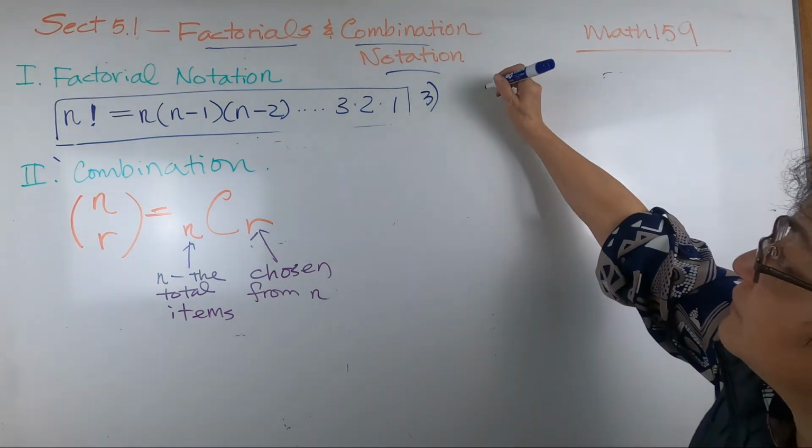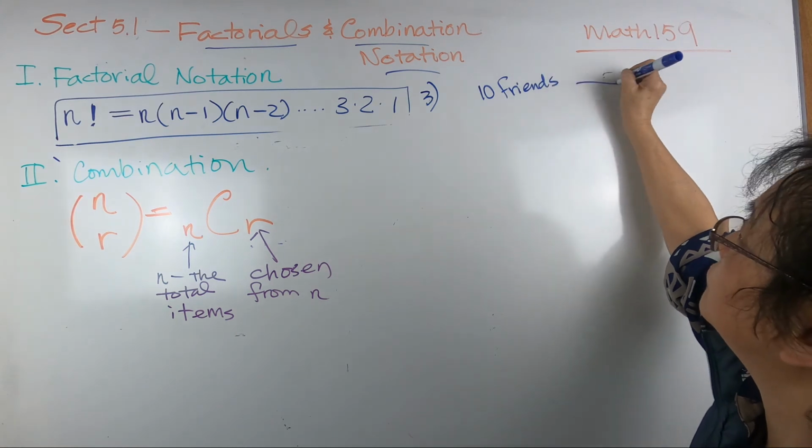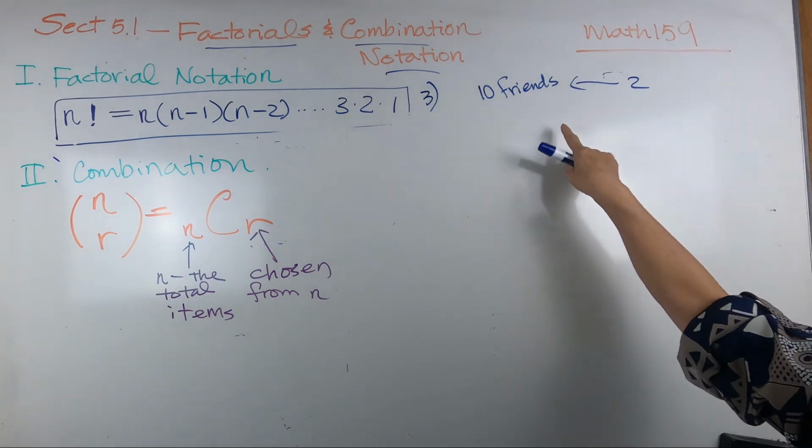Say you have 10 friends, and you are going to pick 2 of your friends to go on the trip with you. So how many options do you have? You can go with friend A and B, or you can go with friend D and E, right? Or A and E, things like this.